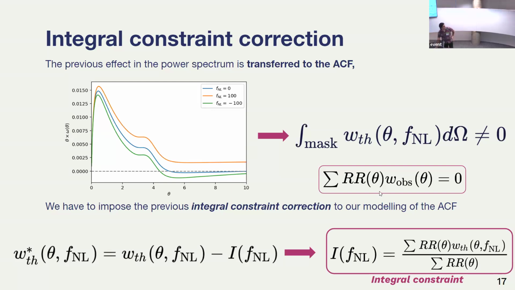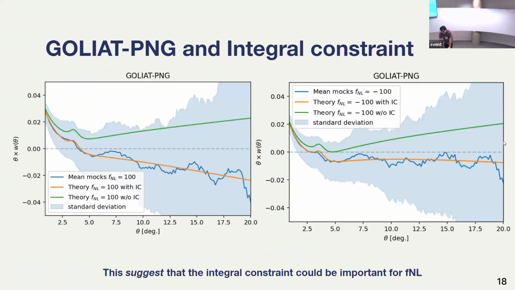So then we can impose this integral constraint condition on the angular correlation function. The angular correlation function has this particular shape coming from this condition here. But the important part is what happens when you include it in your simulations, right? Here you can see the angular correlation function measured for the simulation that had FNL as initial condition. In blue, you see the measurement from the simulations.